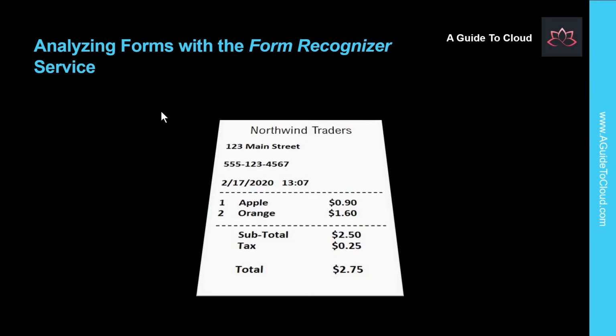The next one is analyzing forms with the form recognizer service. A common problem in many organizations is the need to process receipt or invoice data. For example, a company might require expense claims to be submitted electronically with scanned receipts. It's relatively easy to scan receipts to create digital images or PDF documents, and it's possible to use optical character recognition, or OCR, technologies to extract the text contents from the digitized documents.